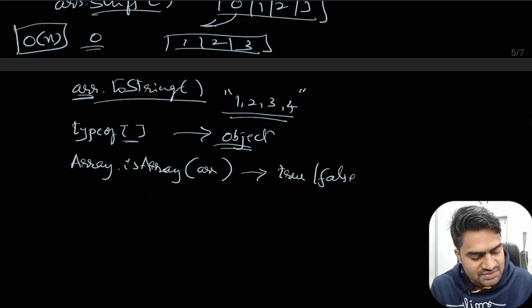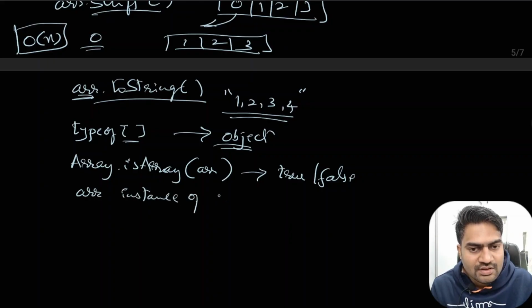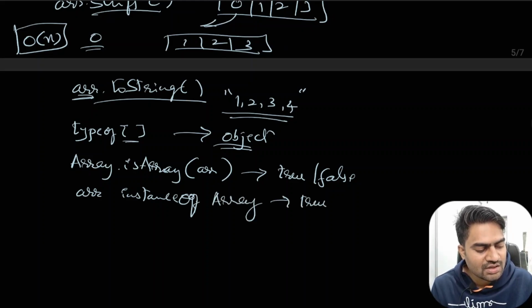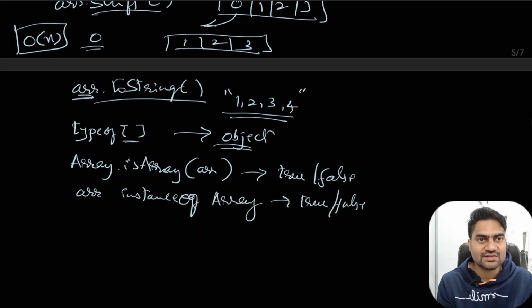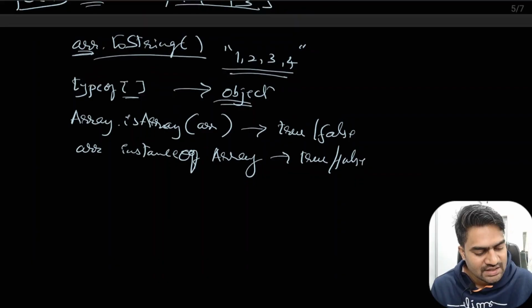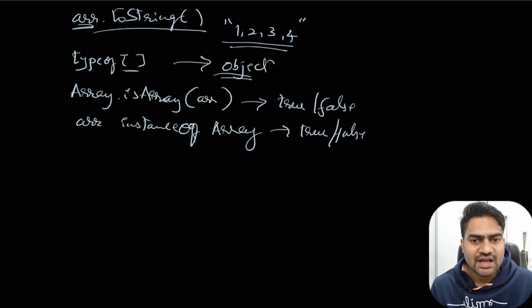Or you can also check array instanceof Array. This will also give you true or false. This is how you can check whether the given object is an array or not. Now, array is basically a sparse one.